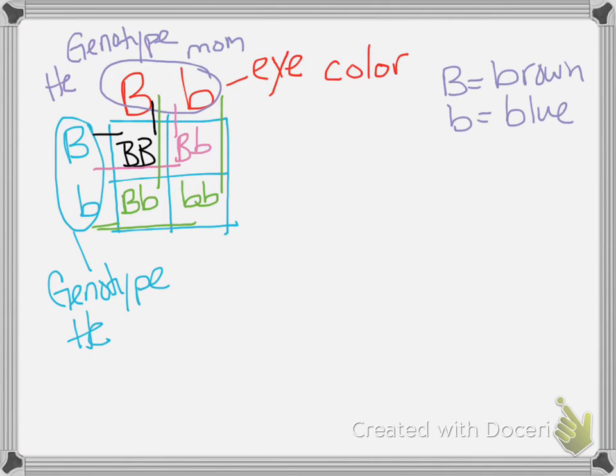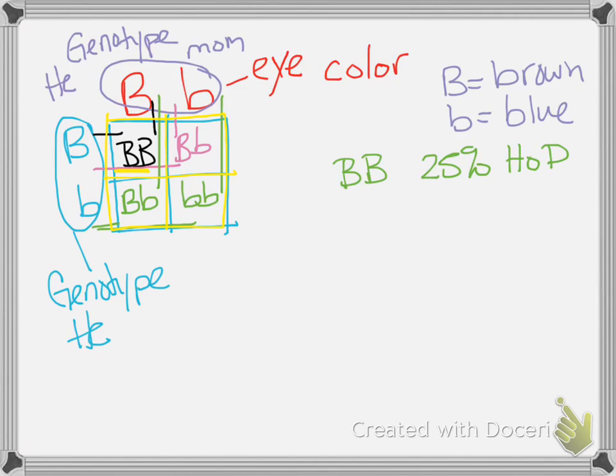So if we were talking about the probability or the chance or the ratio of this, we would say that it is 25% homozygous dominant. Now I get that because there's capital B, capital B here. And if you think of this square, the Punnett Square, as a dollar bill, each box that's been divided up is a quarter.